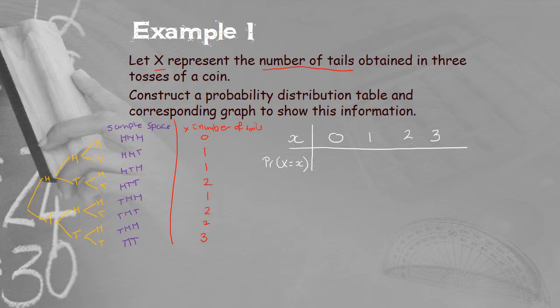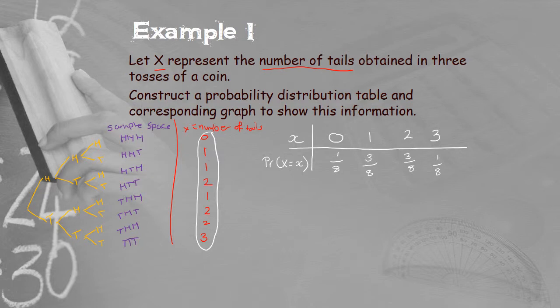We have got 1 out of 8 options. The probability that x equals 1, we've got 3 options out of 8. Probability x equals 2, we've got 3 out of 8. Probability x equals 3, we've got 1 out of 8. Just to clarify, we're getting these numbers from this here. We're seeing how many of these options fit each of those circumstances.